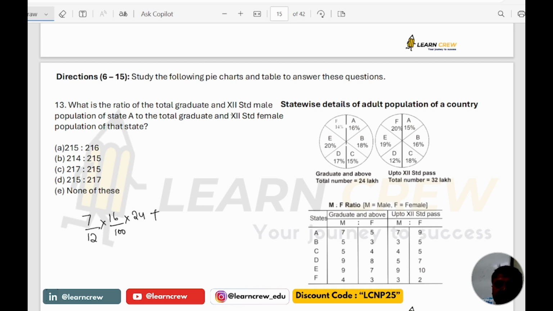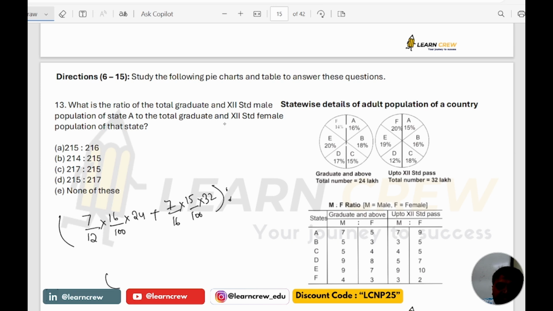And 12th standard male population of state A is how much? 7 by 16 of 15 percentage of 32 lakhs. This is 2.